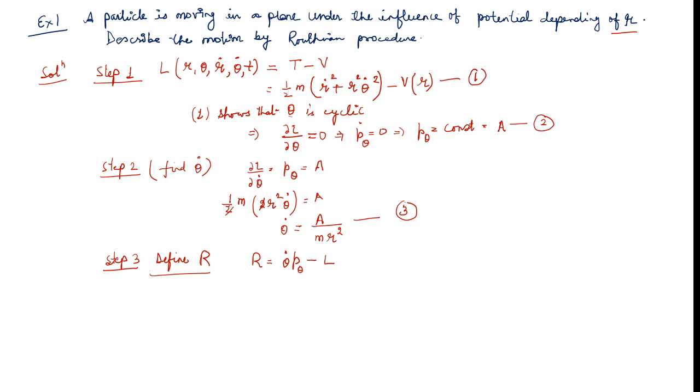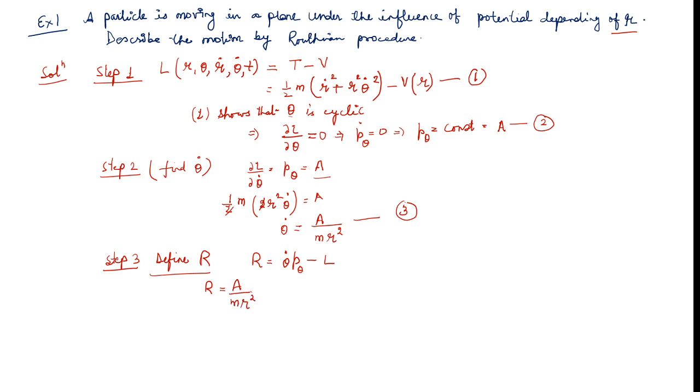Now I'll put in all the values. R is equal to theta dot times p theta. P theta is a, and I may also put the value of theta dot: theta dot is a upon m r square.